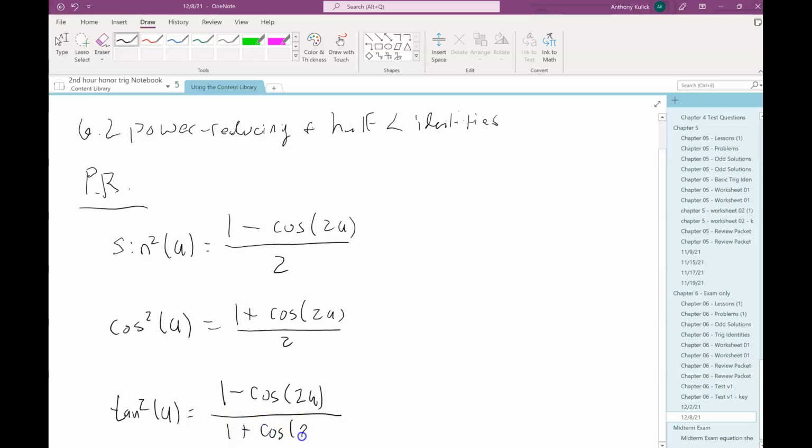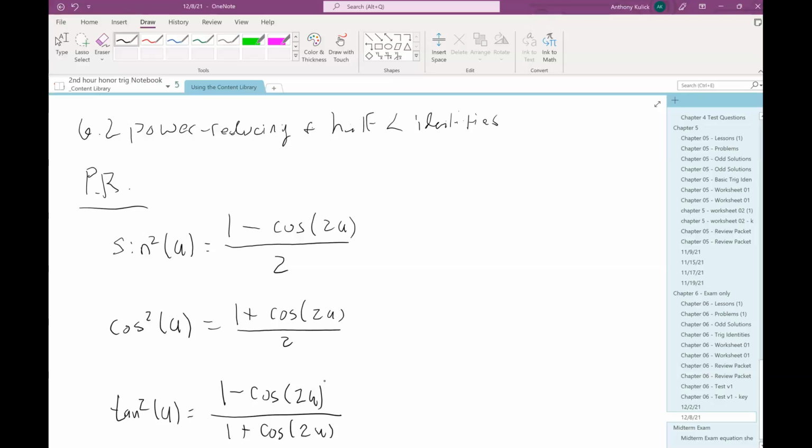So these are the three power reducing identities. I want to point out to you that we don't usually ever write the power reducing identity for secant, cosecant, or cotangent. How would you find them? Just the reciprocal of these ones, right? That's all it is. So we don't usually write them down because by this point it's clear. Right? Everybody's okay with that?